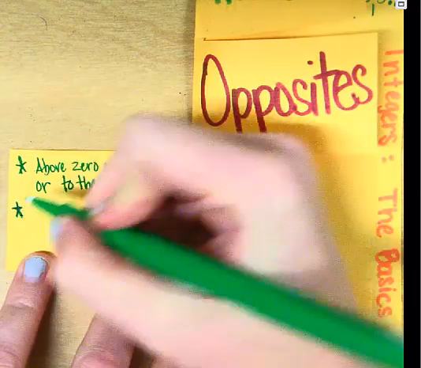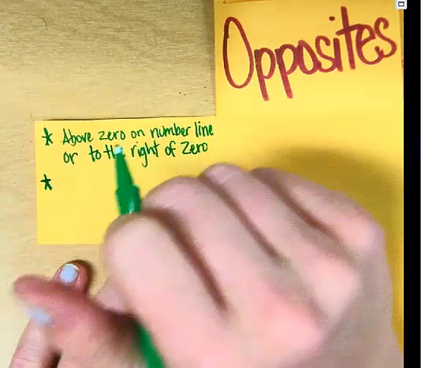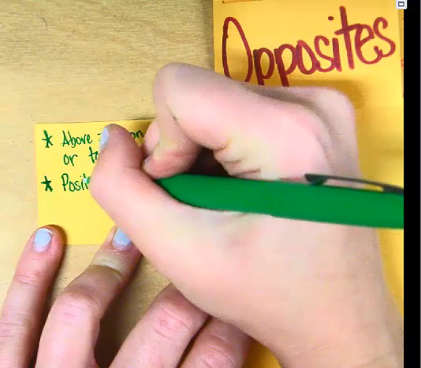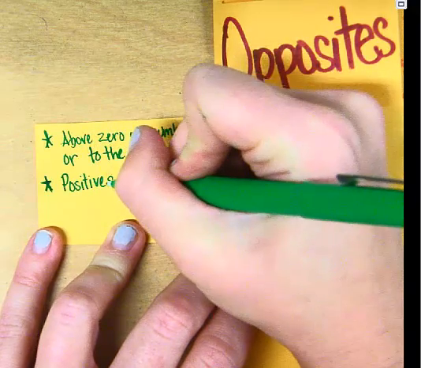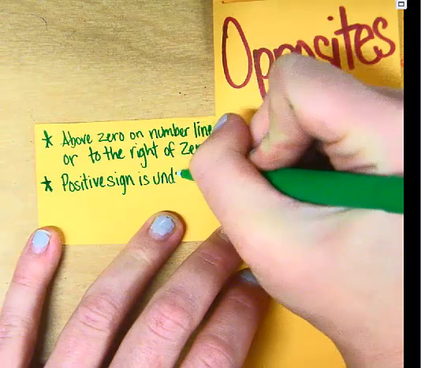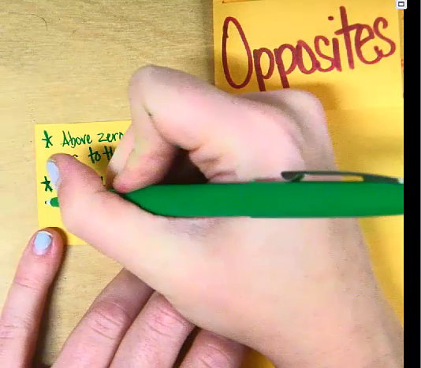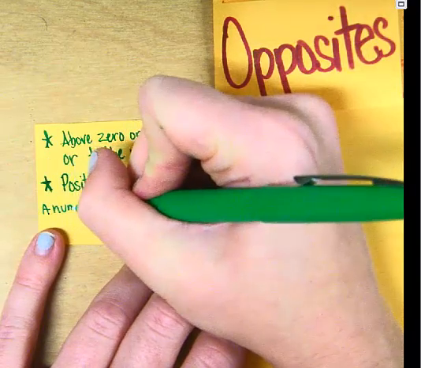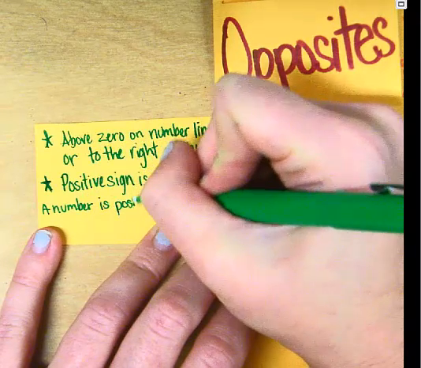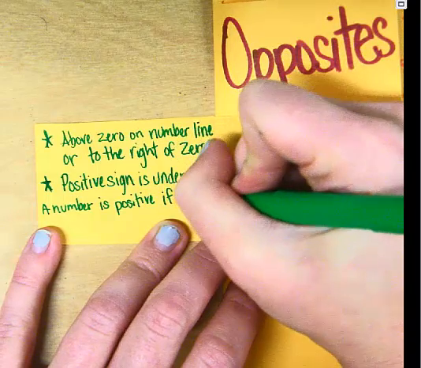And again, these are the numbers that you've been dealing with most of your life. Since we're so used to them, we don't write the positive sign. The positive sign is understood to be there, meaning a number is positive if no sign is present.